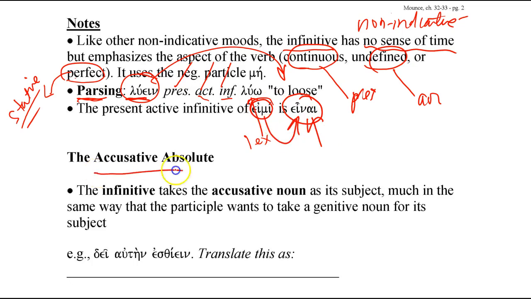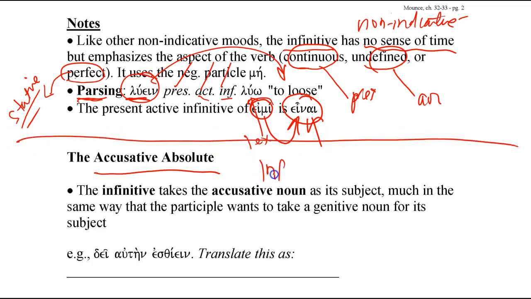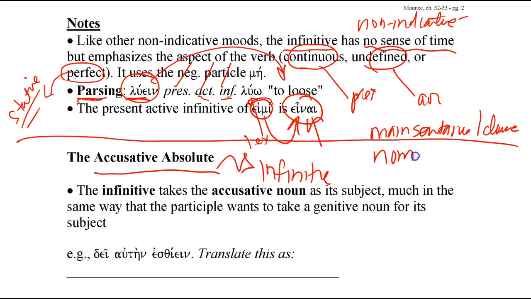And lastly, just like in the participle, where we have something called the genitive absolute, for the infinitive we have something called the accusative absolute. So when you have a main sentence or clause, the nominative case is what's used for the subject.